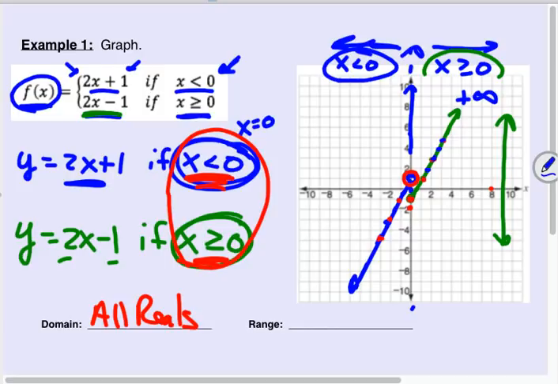On the other one, they start at 1 and go down to 0, -1, -2, -3. It's eventually going to get to -infinity. So my range, there's no values that aren't covered here. It goes from positive infinity to -infinity. So I would say all reals for my range also.